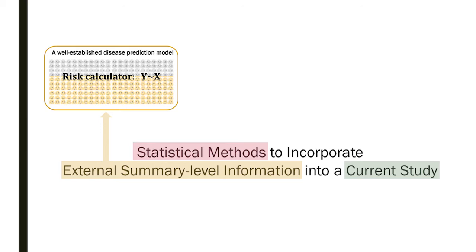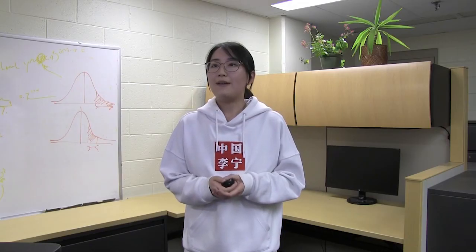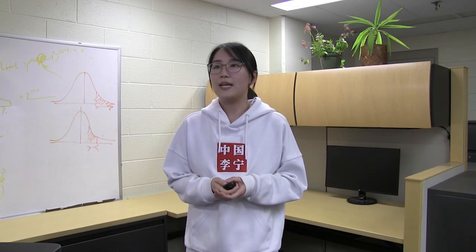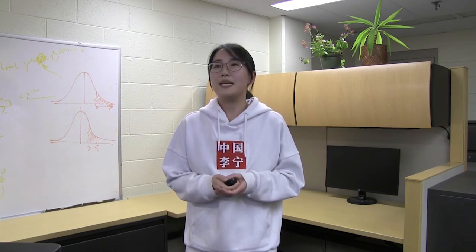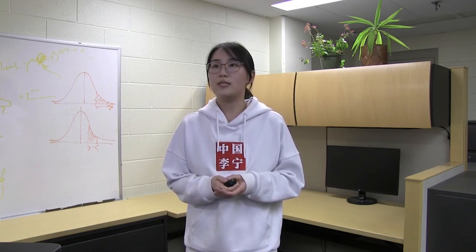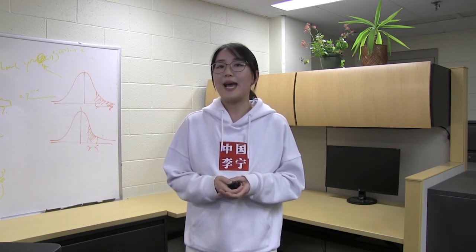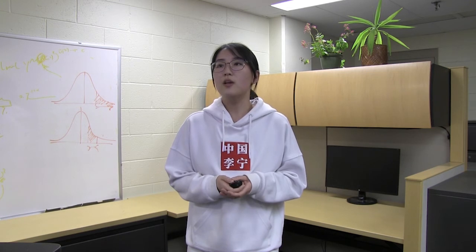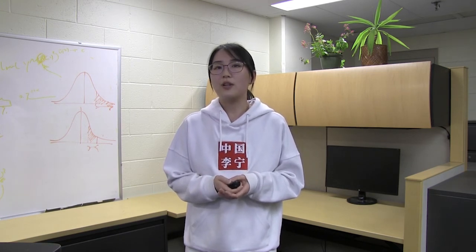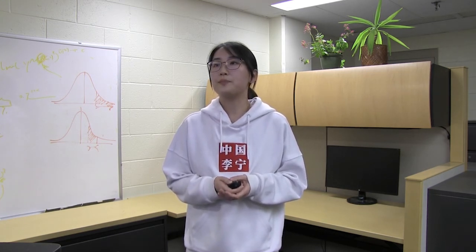This model uses some commonly available covariates X to predict the outcome of interest Y. We do not have access to the individual level data of this model, but instead it has been built into a risk calculator online, such that patients can easily access this online calculator to calculate their risk of this kind of disease.